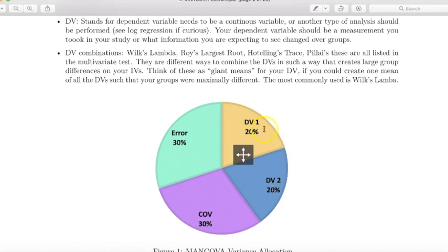So we want to add this covariate so that it minimizes how much unexplained variance there is in our study. It's okay to have this unexplained variance. It's even called error, which makes people uncomfortable. But at the end of the day, as long as we can minimize that and we can allocate the most into the dependent variables, and in this case into the covariate, then it's probably good.